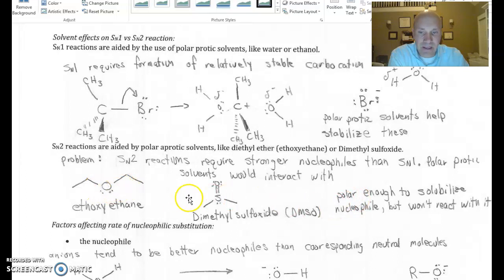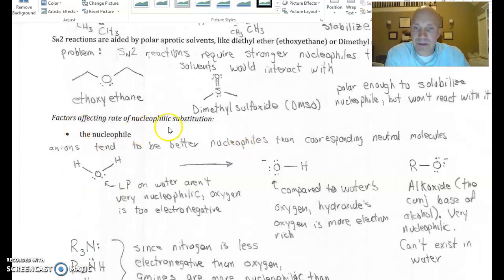The thing about these two solvents right here is that they're polar enough to solubilize the nucleophile, but they won't react with it, and so it's a nice compromise. I would say that DMSO is probably by far the most common solvent used for this. It's used much more commonly than ethoxyethane, or sorry, ether.